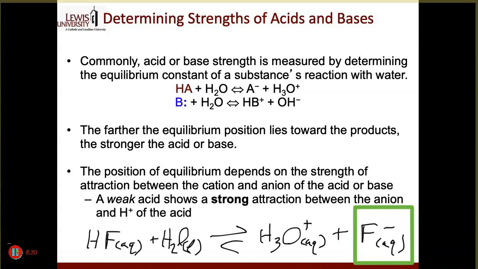There's a stronger attraction between the ions, so the F minus, the conjugate base of our acid, is a much stronger base than Cl minus because it will interact and we'll get a back reaction, and that's why we have this equilibrium. Because it reacts with hydronium ion in the reverse direction, we're losing product, so that decreases the equilibrium constant K for this reaction.